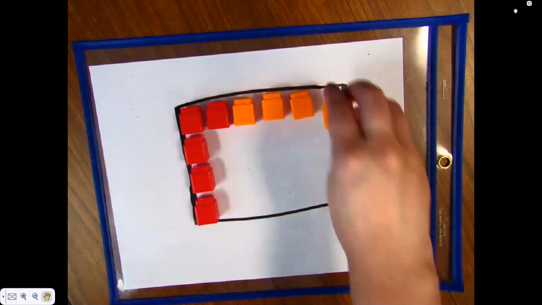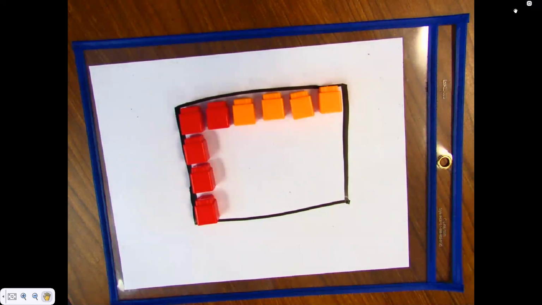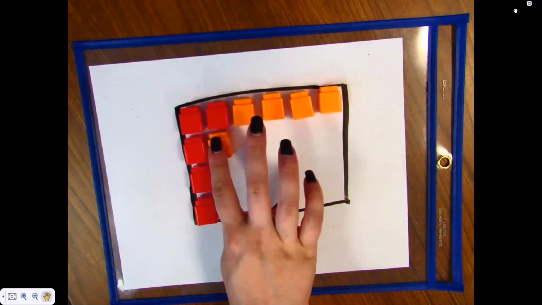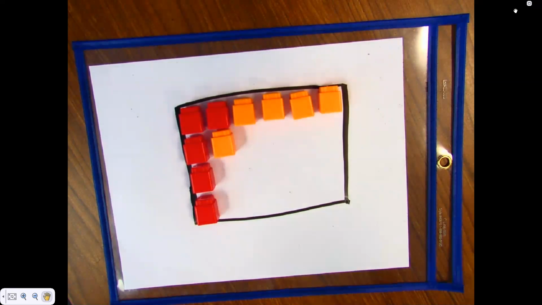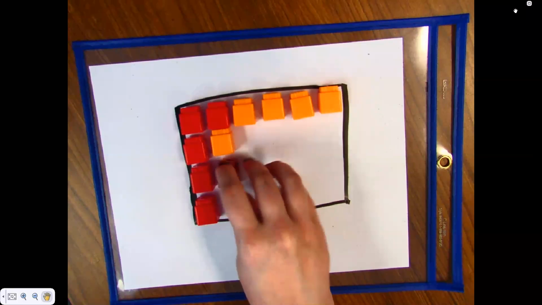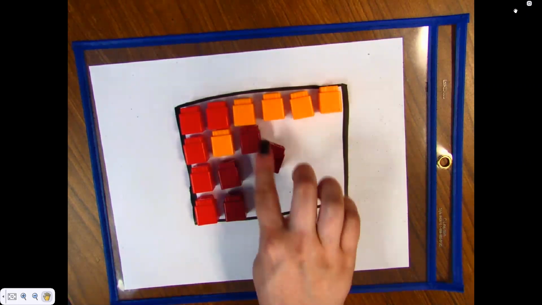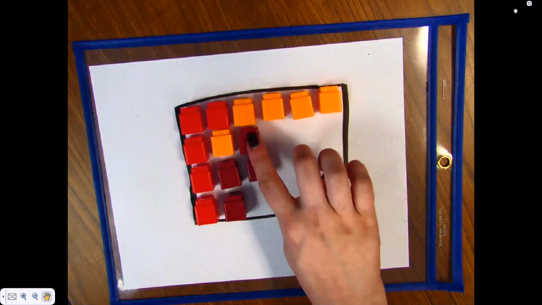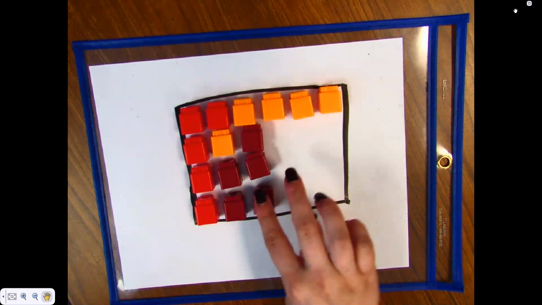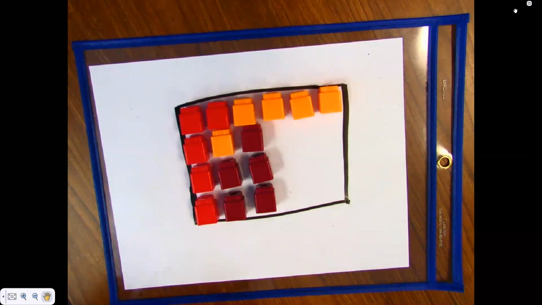I could multiply my sides like we learned yesterday, or if I fill this whole thing with cubes, okay, I'm getting there. If I fill this whole thing with cubes, hold on, I'm almost done.